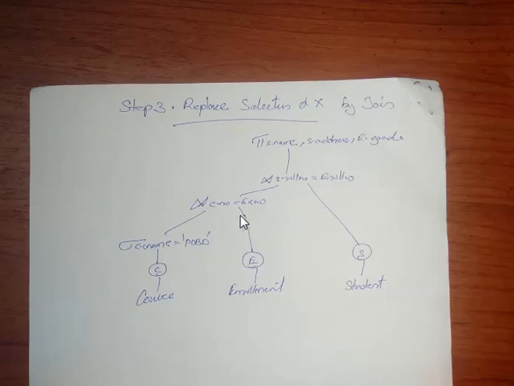In the previous tree, after the second step, there was a cross as well as a selection statement, and we replace it with the join operator. Here also there was a cross as well as a select statement, and we replace it with the join operation. So all the cross and select should be replaced with the corresponding join operation.